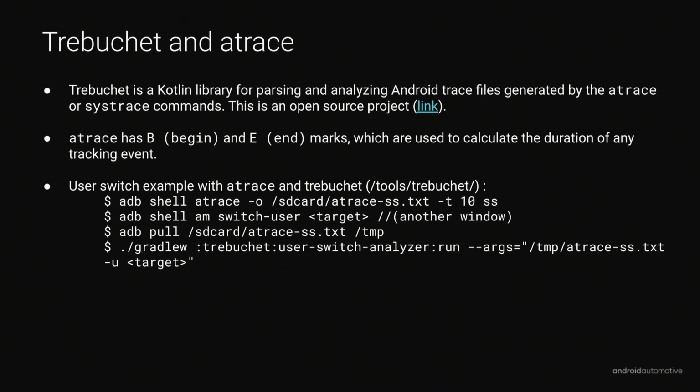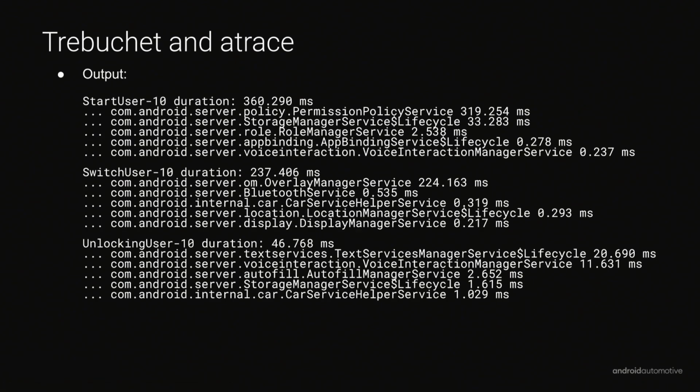Using Trebuchet and Atrace, we created an example of how these two tools can be used for troubleshooting and debugging. The example is available at tools/trebuchet, and these are the instructions to install the example. This is the output for this particular example. The goal was to know how much time was taken in different stages during the user switch.